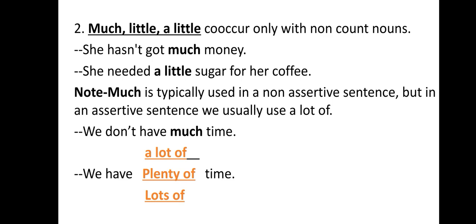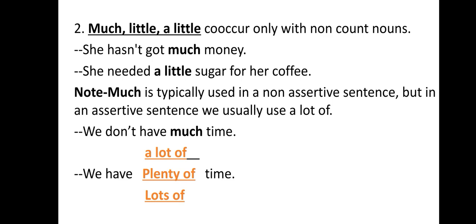For example, she hasn't got much money. She needed a little sugar for her coffee. Here we can see that much and a little both have been placed before non countable nouns. There is one thing important to note that much is typically used in a non assertive sentence, but in an assertive sentence, we usually use a lot of.